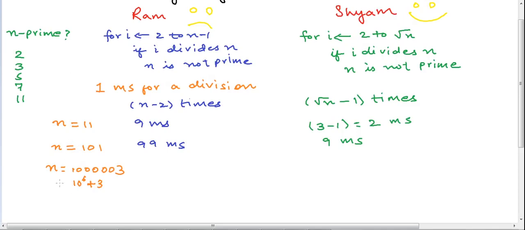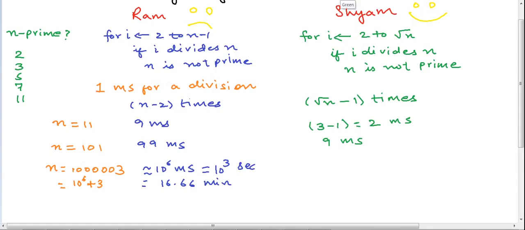So Ram will take almost close to 10 to the power 6 milliseconds to solve this problem. And if you convert this to seconds, this is 10 to the power 3 seconds, or 16.66 minutes.